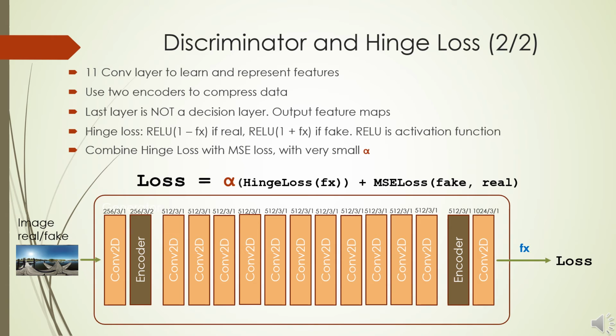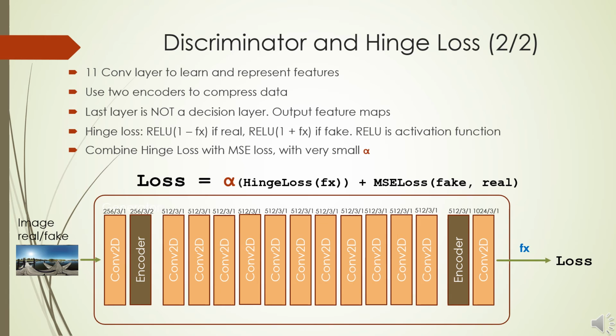As a result, the feature map output, let's call it fx, from the last layer will be input to the loss function. The loss function has two components, the hinge loss and the mean square error loss. The hinge loss receives fx, which is the output from the discriminator, and the mean square error loss will measure the distance between the fake and the real image.